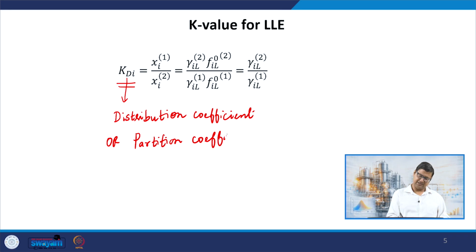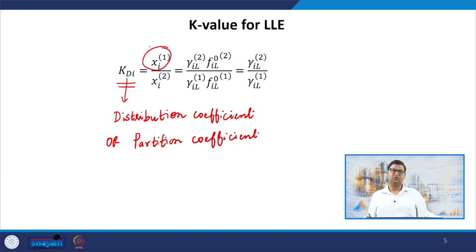It is the ratio of the mole fraction of i in liquid phase 1 and the mole fraction of i in liquid phase 2, because both phases are liquid. Of course, the two liquids have to be immiscible in order to make a liquid-liquid equilibrium, right?